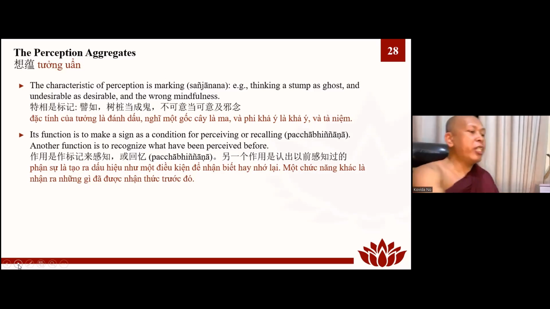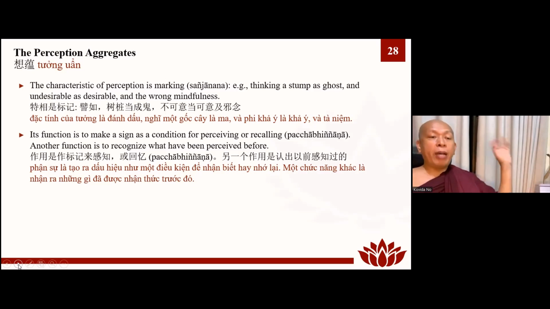So actually, we have some examples there, right? When we mark in the past, we can recall. For example, if I have seen an elephant in the past, we can recall it, right? Okay, now the manifestation.